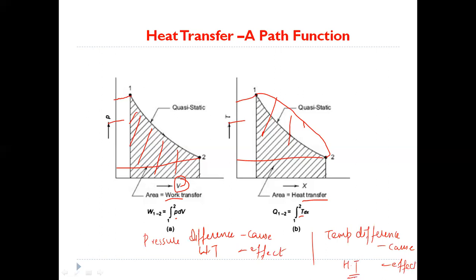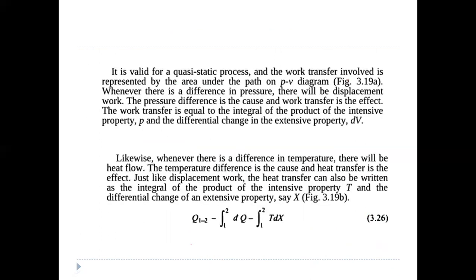So heat transfer occurs when there is a temperature difference, and work transfer occurs when there is a pressure difference. So heat transfer from 1 to 2 is equal to integral 1 to 2 dq, which is equal to integral 1 to 2 T dS, similar to P dV.